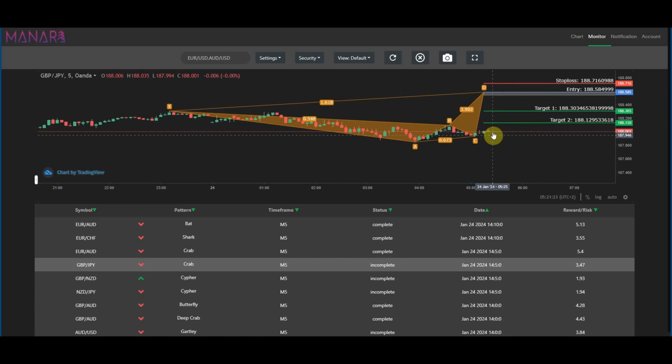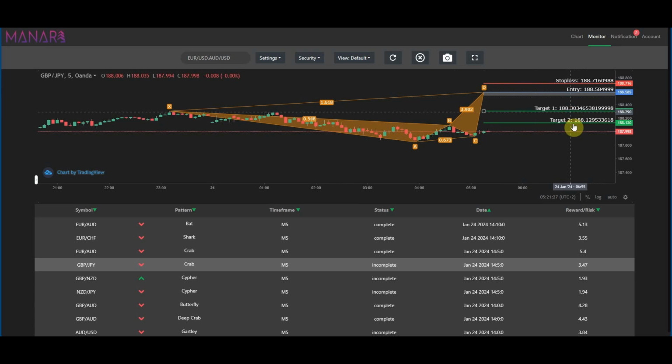I'm not sure. And then people would be perhaps looking to use these entry, target and stop loss to get into the trade. But using these incomplete status patterns, they often fulfill that pattern and get to where they're going. Sometimes obviously they're not going to get there as well, so just keep that in mind that they don't always get to the other point in the pattern.